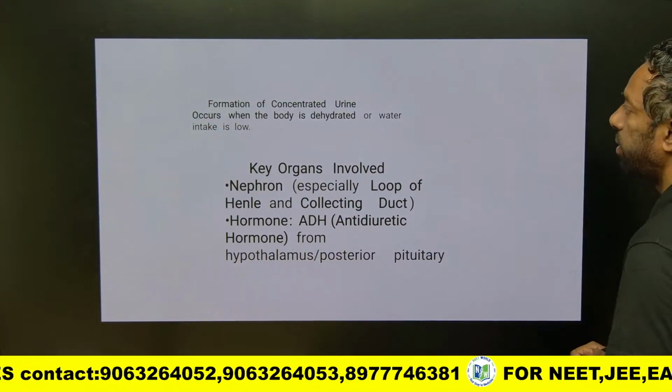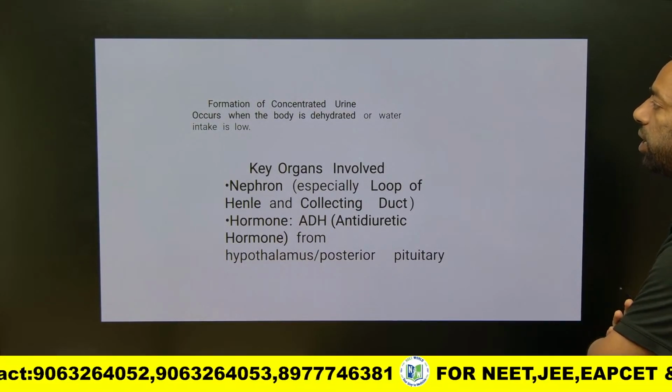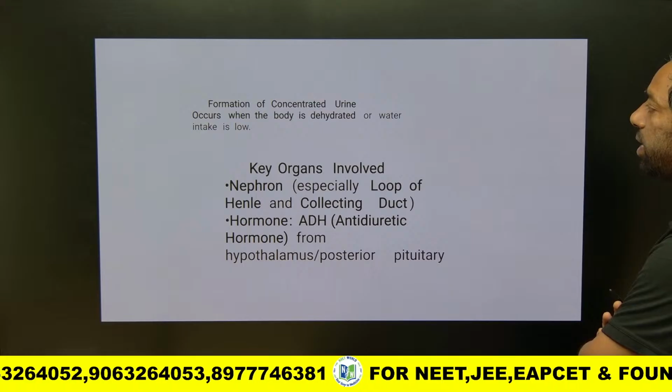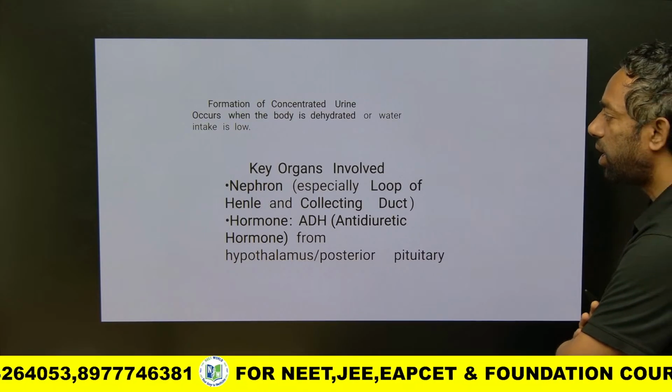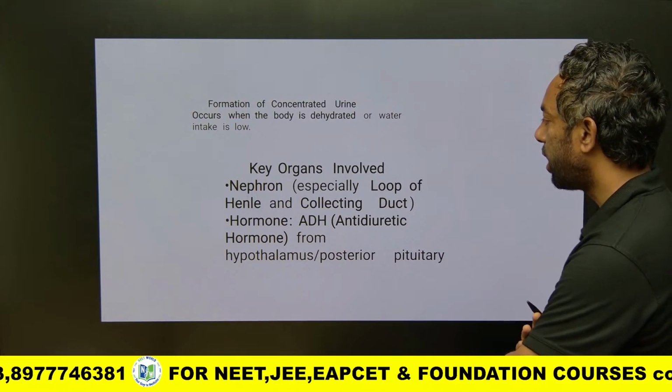Next, formation of concentrated urine occurs when the body is dehydrated or water intake is very low. Key organs are the nephron, especially the loop of Henle and collecting duct.